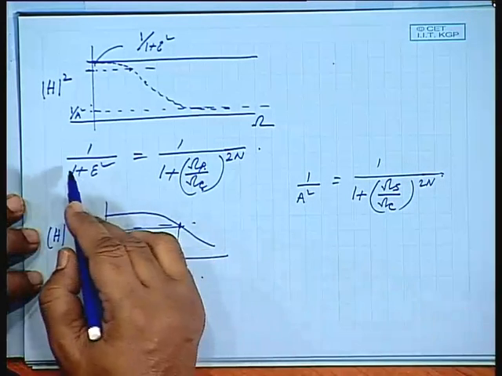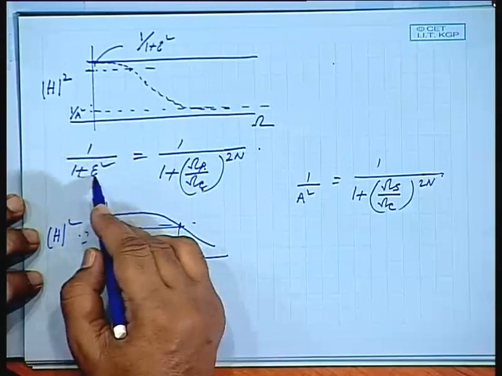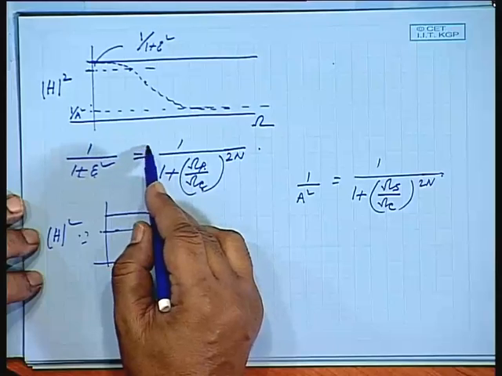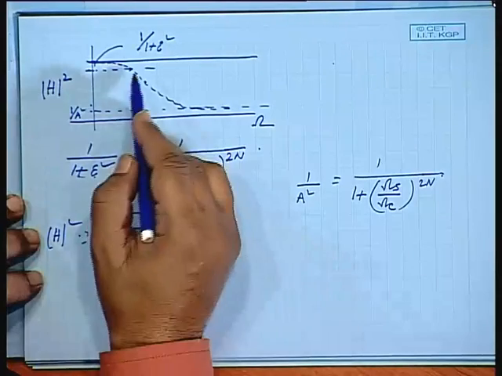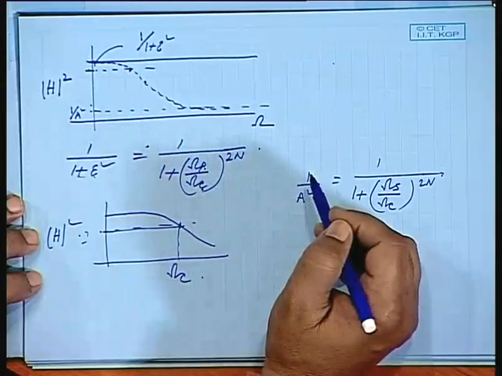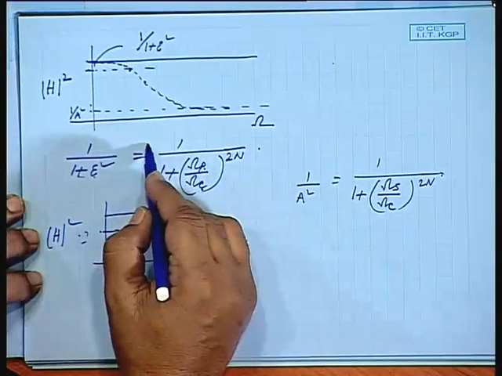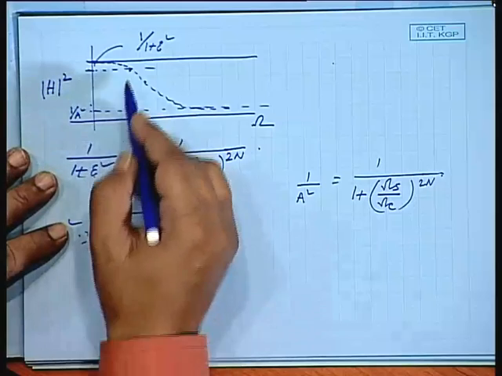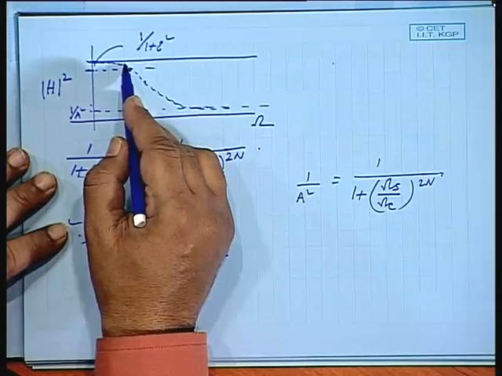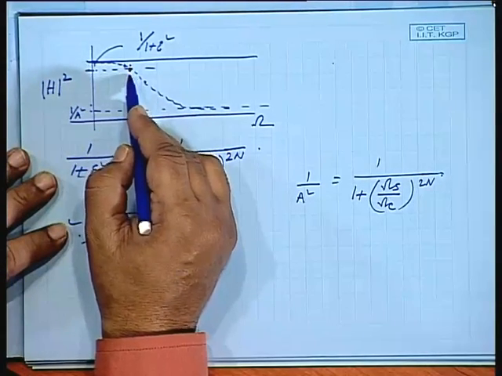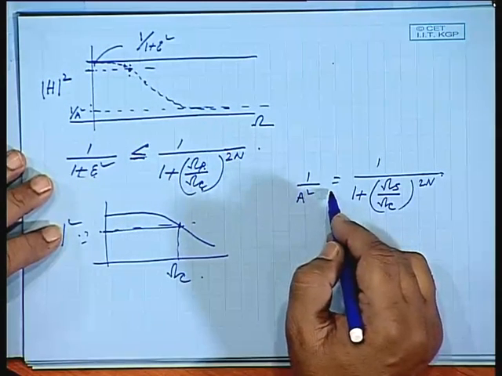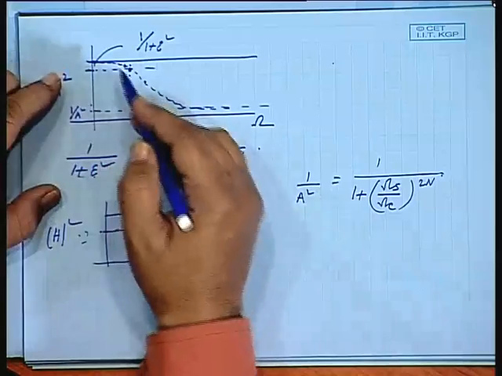Normally we suggest that 1 by 1 plus epsilon squared, that means this gain should be greater than or equal to this much. It can be here, here, above this, but it should not go below this.